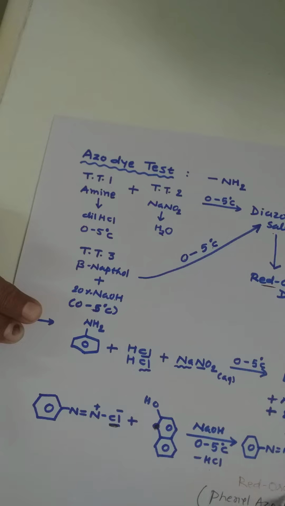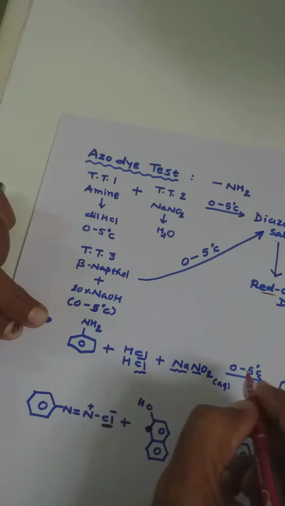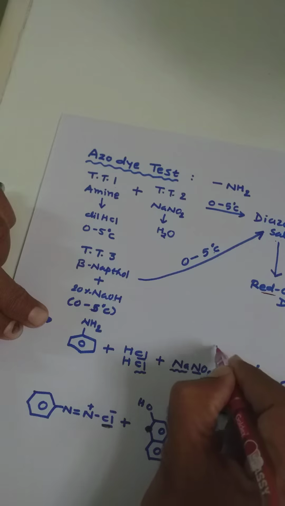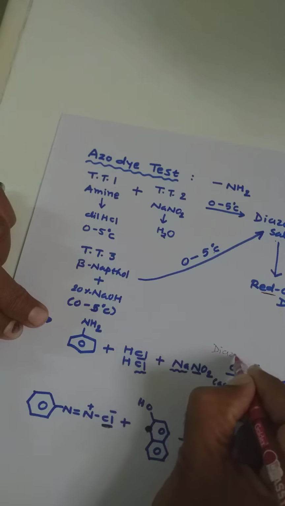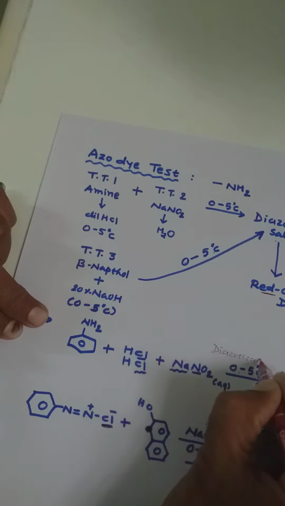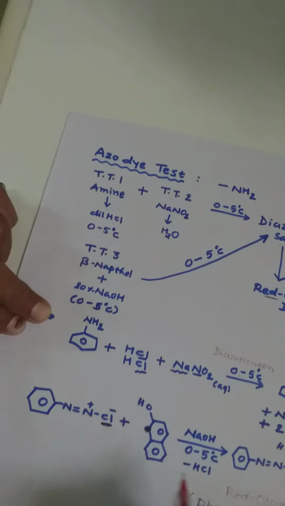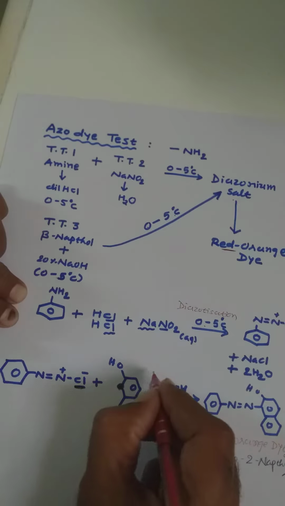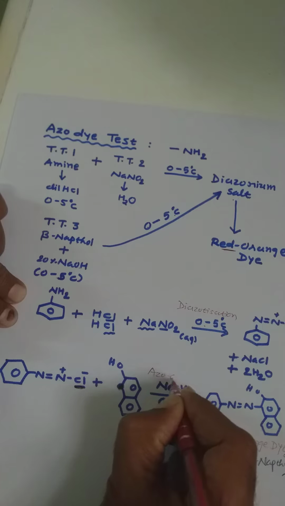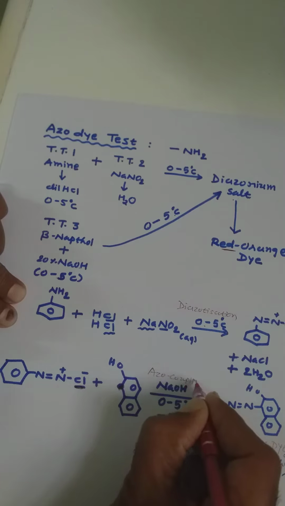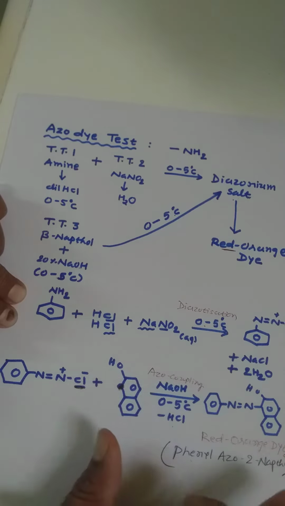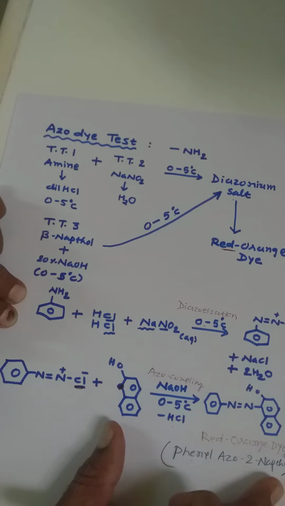It is known as a red orange color dye, and another name of this organic compound is phenyl azo 2-naphthol. Here the first chemical reaction is known as the diazotization reaction. And the second chemical reaction is known as the azo coupling reaction. So that is the azo dye test and its chemistry.